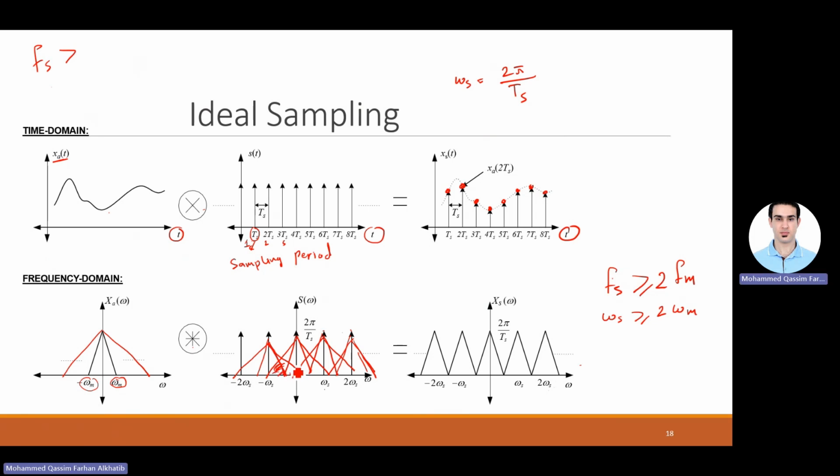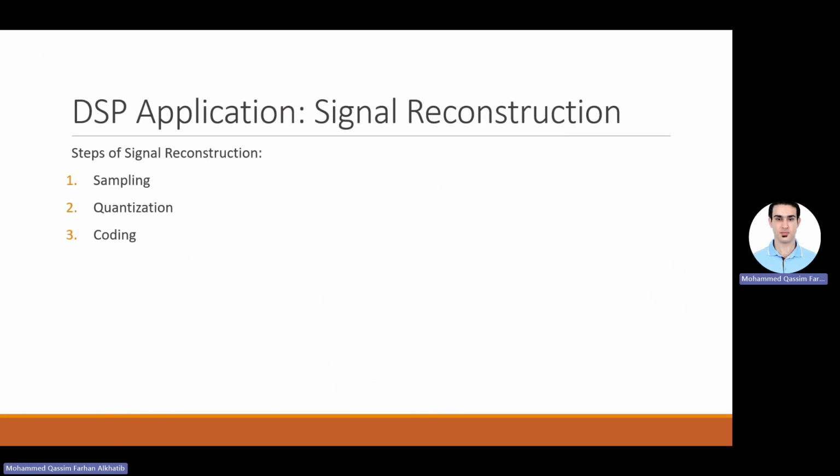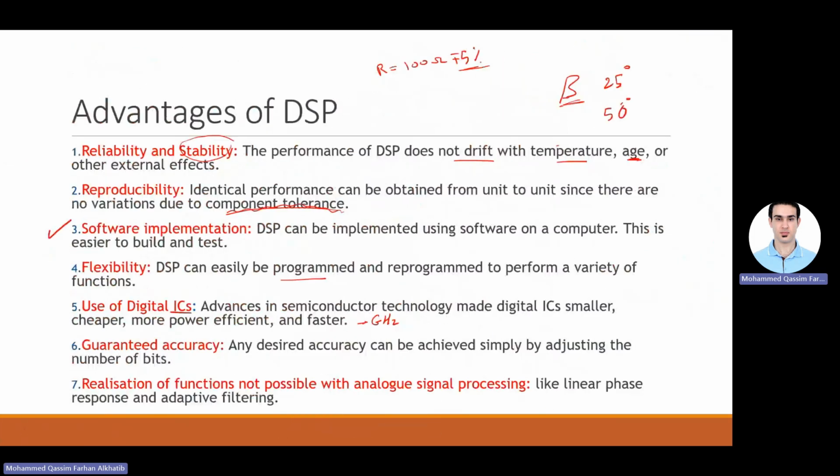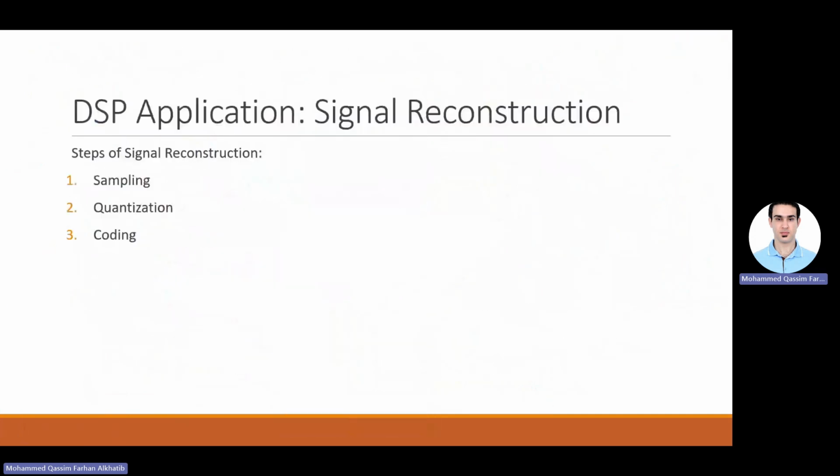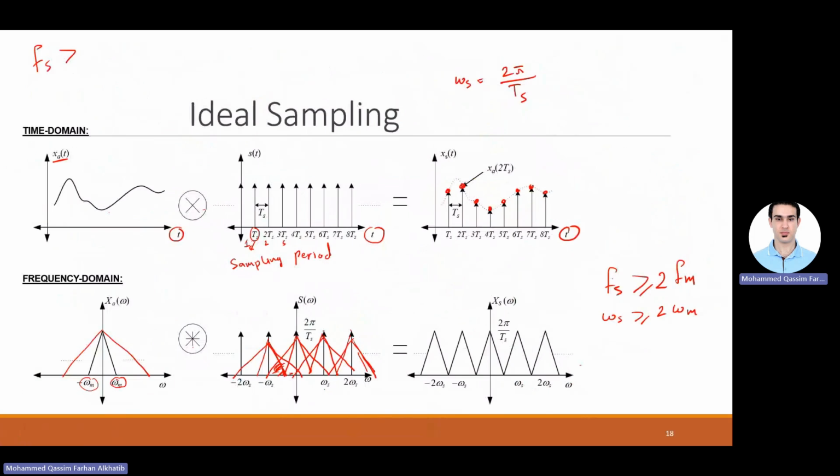So in order to make sure that my signal does not have aliasing, first, before sampling, if you remember in that slide, we have what we call a band limiting filter. So basically, I will make sure that the signal is band limited by applying a filter that has a cutoff frequency.